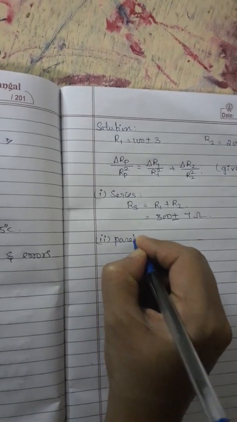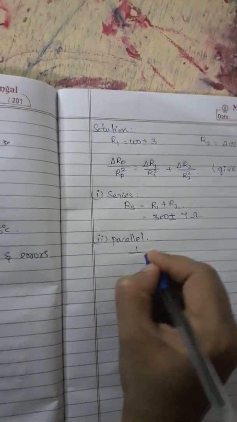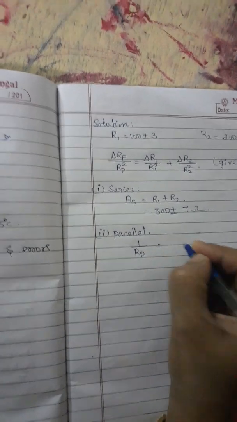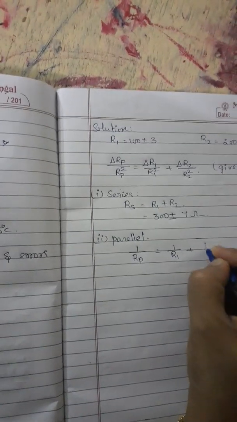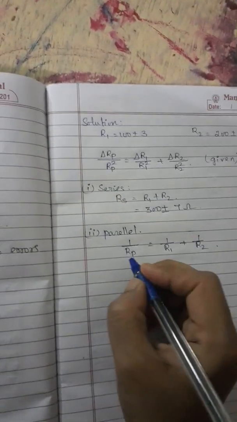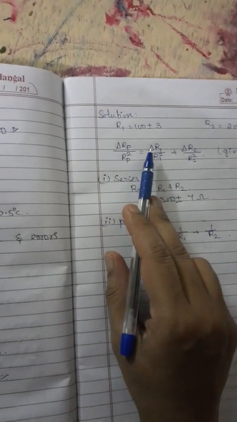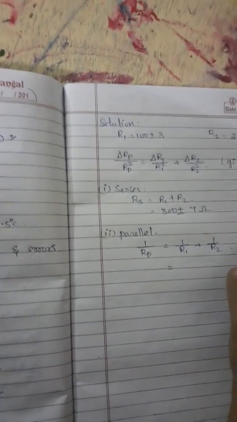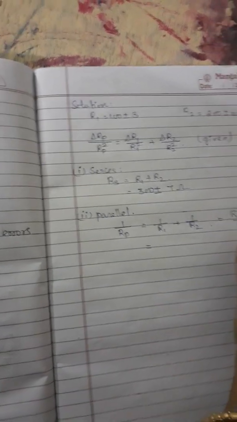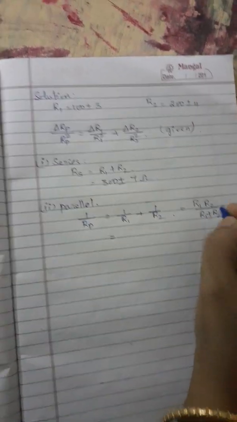And the second case, they are connected in parallel. When they are connected in parallel, you know that 1 by RP will be 1 by R1 plus 1 by R2. First let me find out the effective resistance in parallel. So 1 by R1 is 1 by 100. I can simply write this expression as R1 R2 divided by R1 plus R2. This you might have studied in 10th standard itself.